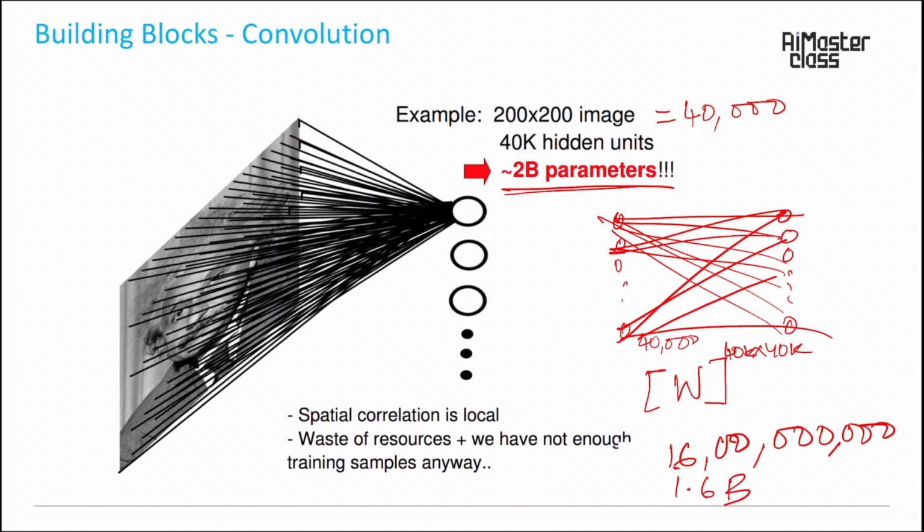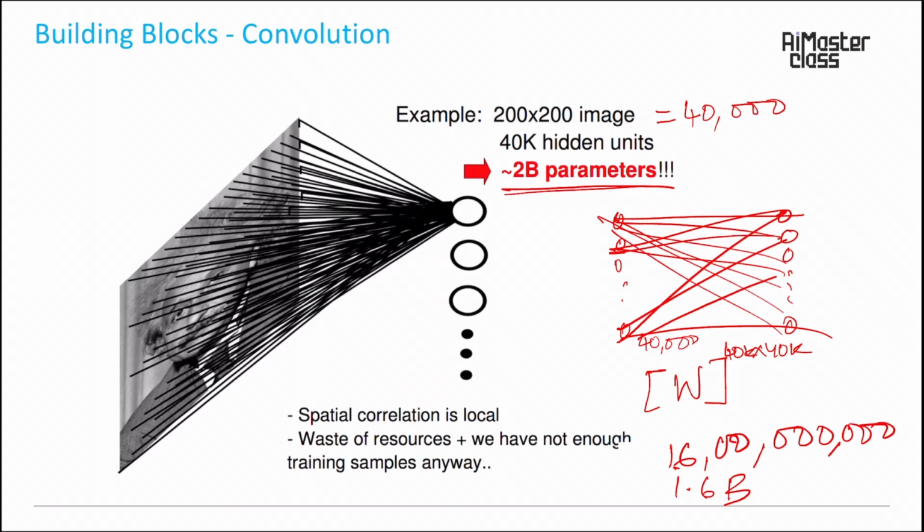So in this single layer we will have about 1.6, or let's say 2 billion parameters, and that's a lot of parameters. For example, AlexNet, the network that changed deep learning forever, had about 60 million parameters, and in this single layer we are talking about 2 billion parameters.